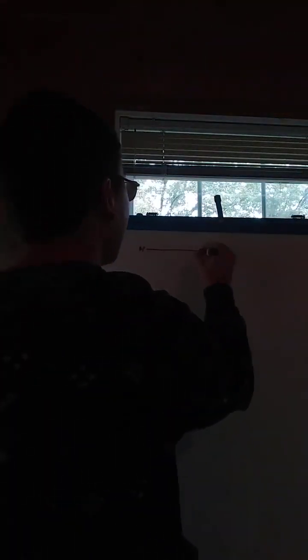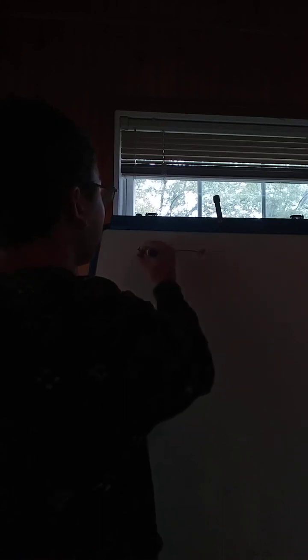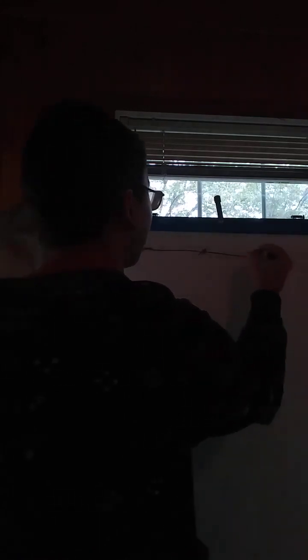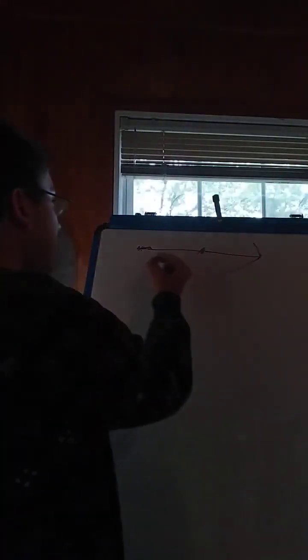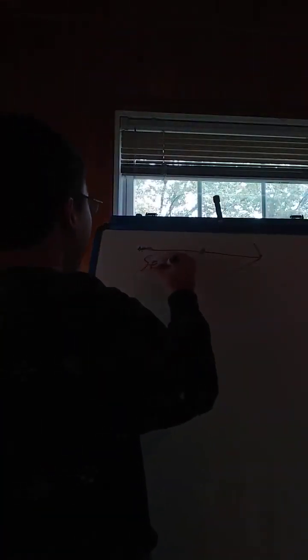But that's not all. What about this? Well, if you have two dots, one on either side, it's not the beginning or the end of the line. You come back to the line segment.